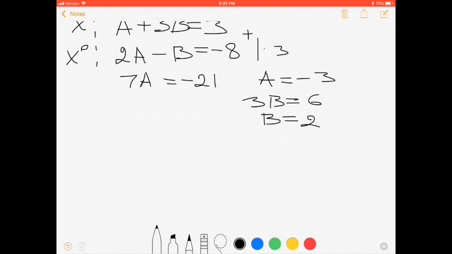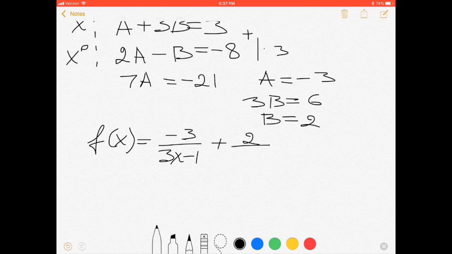This means my function f(x) is now negative 3 over (3x minus 1) plus 2 over (x plus 2).